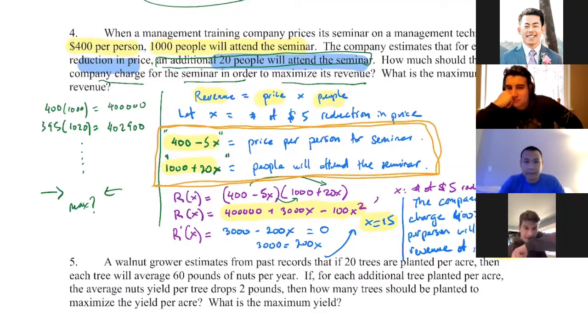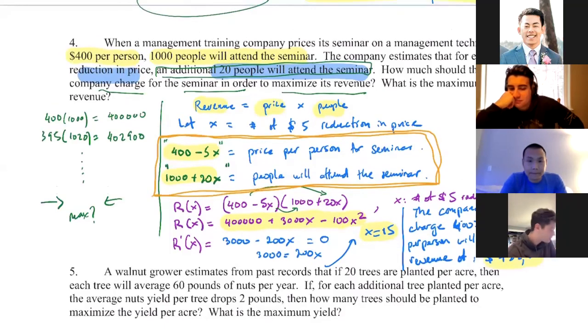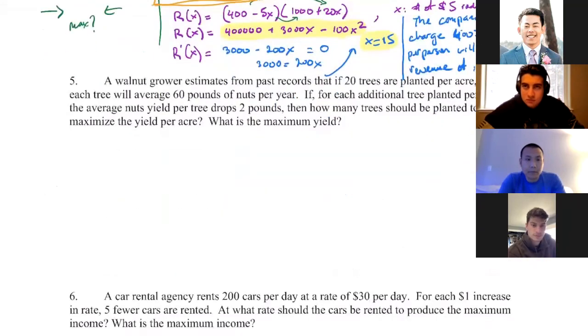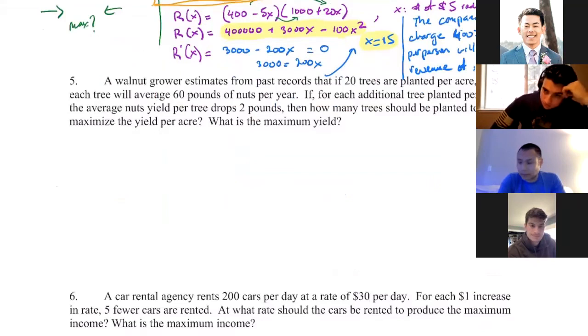Yeah, that might be one of the more difficult parts. But now you have this example to refer to, Cody, and the other problems will follow this type of format. You have the price increasing or decreasing versus the demand decreasing or increasing. One example deals with the average number of nuts per tree: if you plant additional trees on an acre, you expect fewer nuts per tree because of less nutrition, things like that.